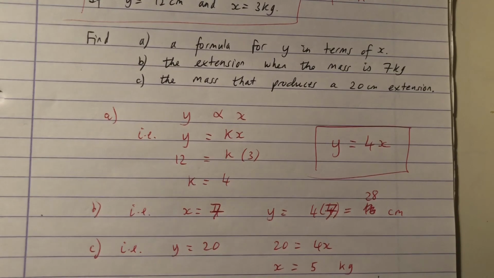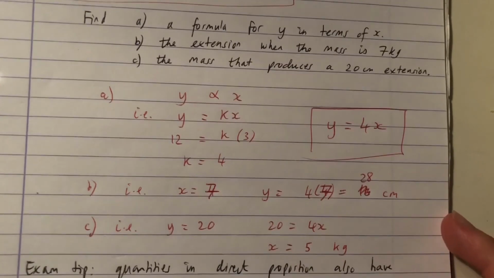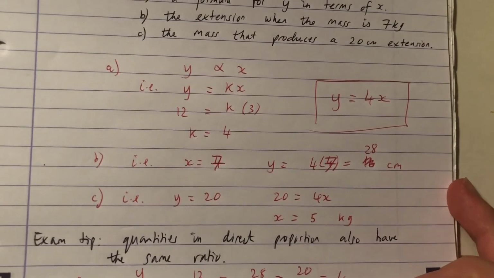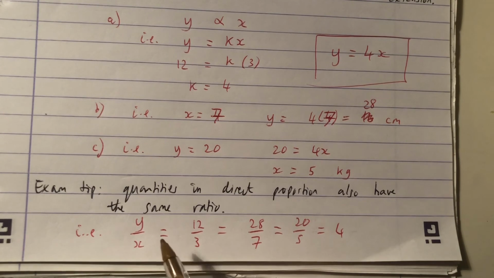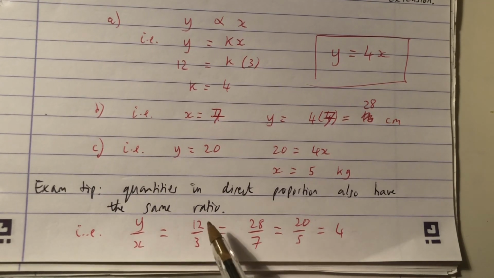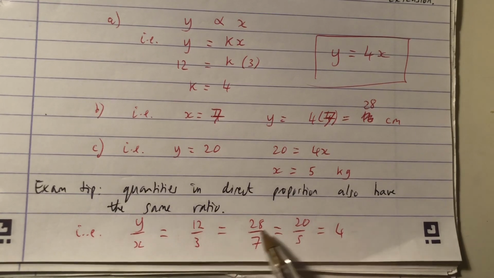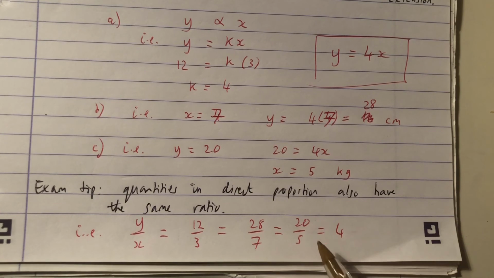And if they weren't all equal to 4, then I've probably done the question wrong. I just realised I haven't shown you that. All I did was take each pair, y divided by x, for the 12 centimeter and the 3 kilogram, for the 28 centimeter and the 7 kilogram, for the 20 centimeter and the 5 kilogram.